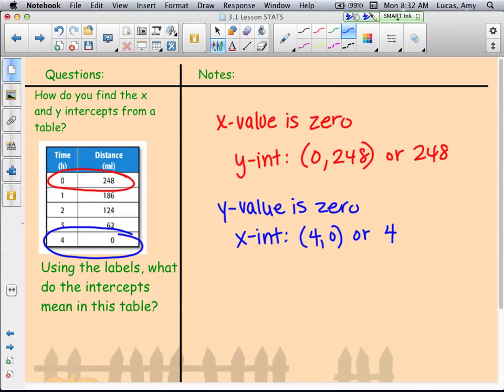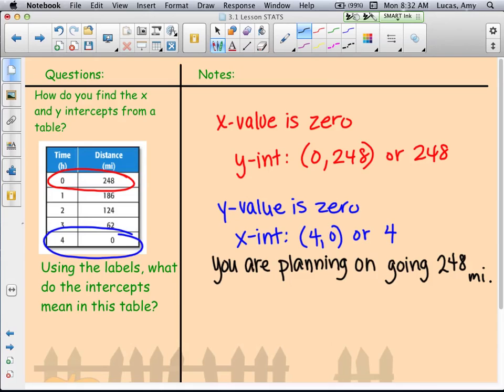Well, I guess it means that at the start, at time 0, your distance is 248. So it must mean that you're planning on driving, or you're planning on going 248 miles.